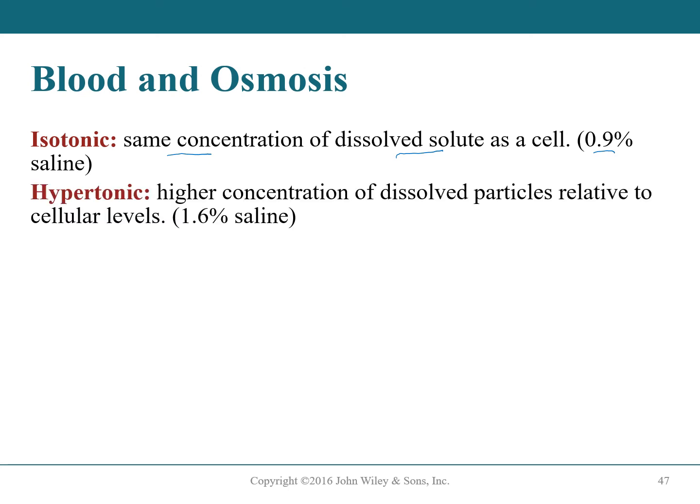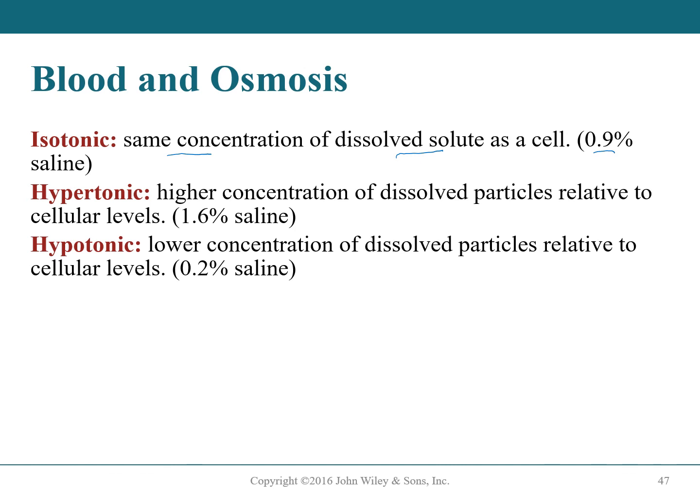Hypertonic means that there's a higher concentration of particles outside my cells than inside my cells. So when it's hypertonic and I have more particles outside than inside, all the water inside my cells will try to get out of my cell to reduce the concentration on the outside.